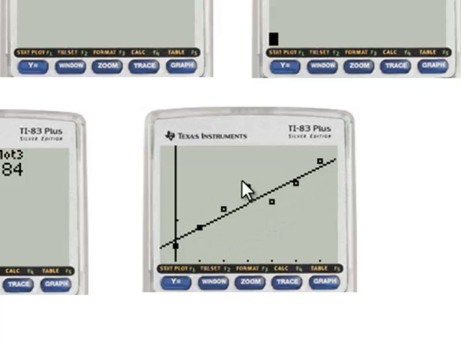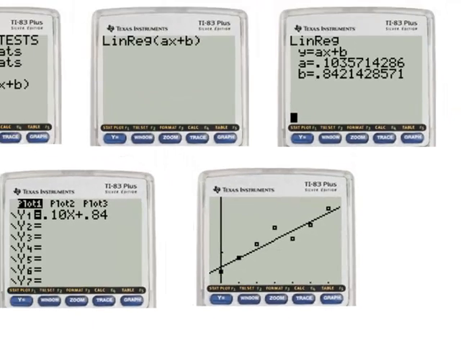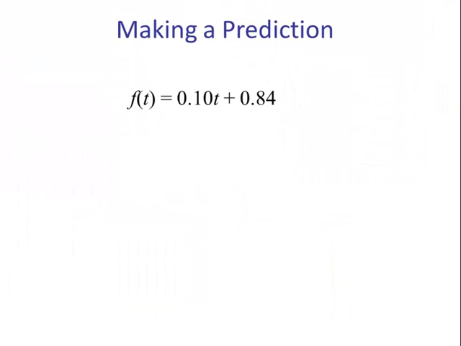So we're going to use this model for our prediction. The function becomes f of t equals 0.10 t plus 0.84. Since we are interested in predicting when the revenue will be larger than 2.2, we have the following inequality: 0.10 t plus 0.84 is greater than 2.2.